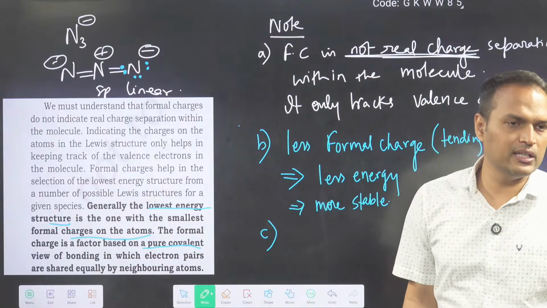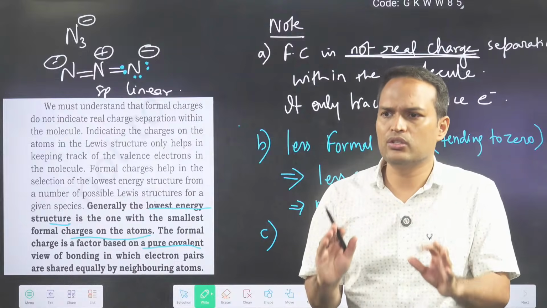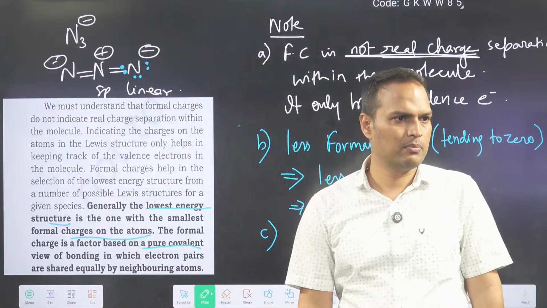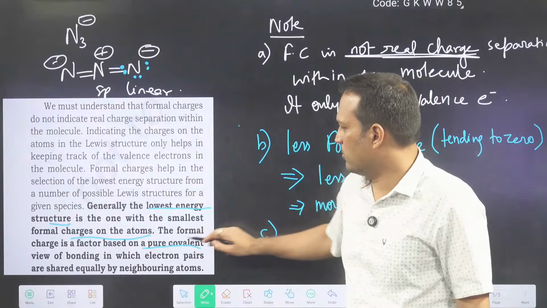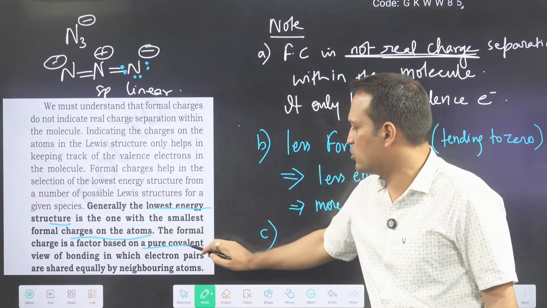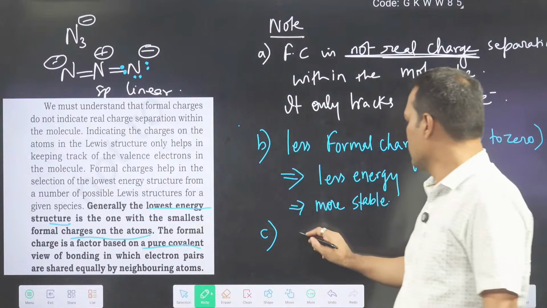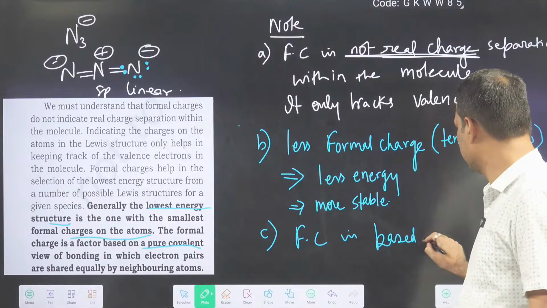Now we are saying that this formal charge is based on the concept that we are assuming a pure covalent view of bonding. Means we are assuming pure covalent bond. So formal charge is a factor based on the pure covalent view of the bonding.